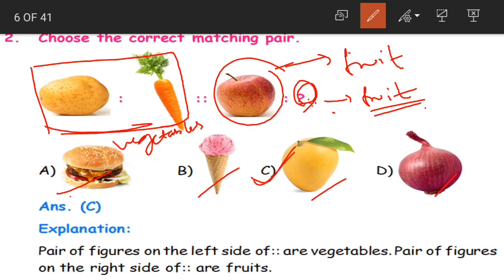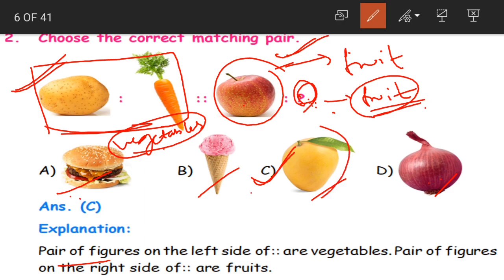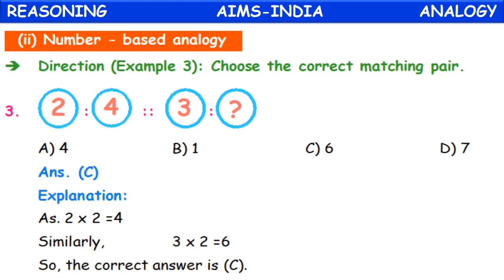Option C, mango is our fruit. So option C becomes the correct answer. Understood? Pair of figures on the left side are our vegetables and pair of figures on the right side are our fruits. Now from the given options only mango is a fruit. So we have chosen mango as the correct answer.